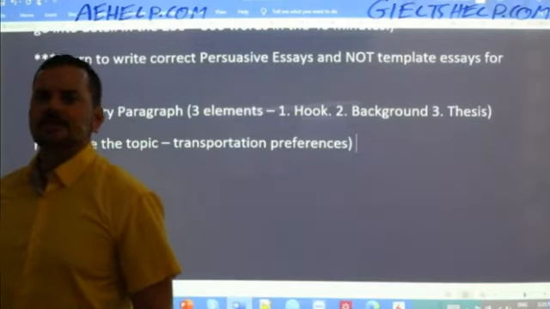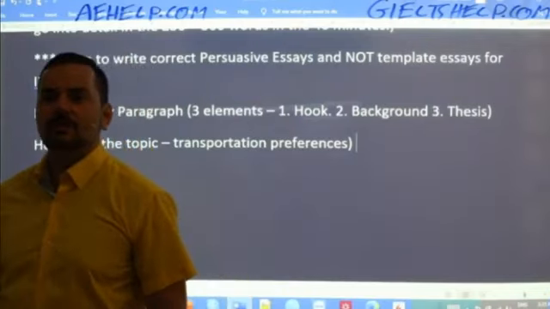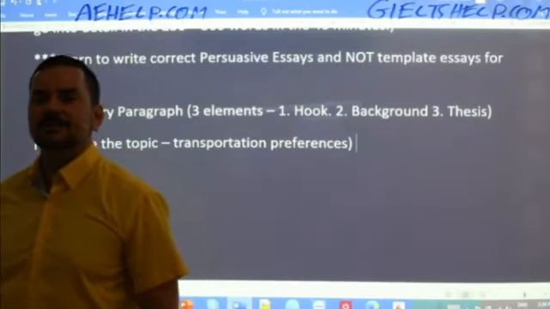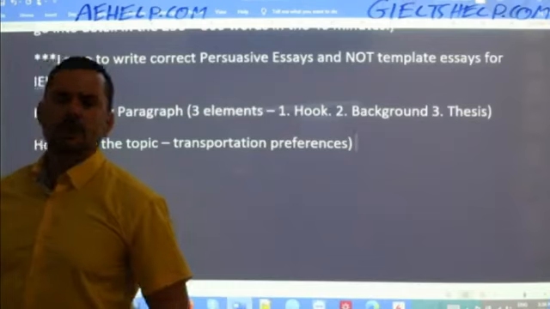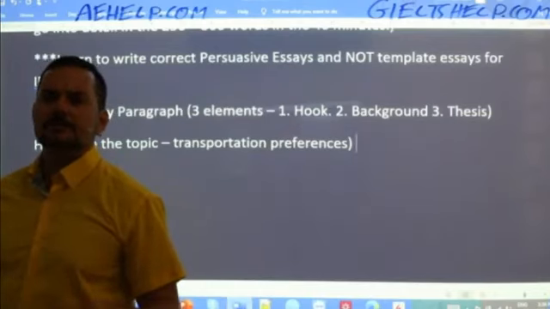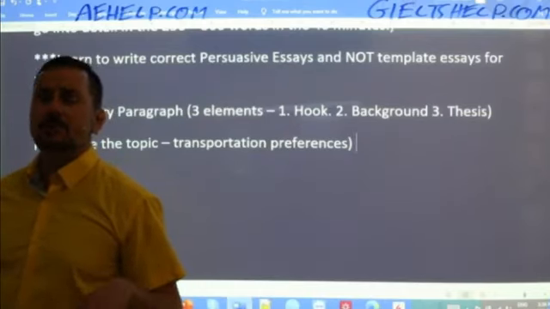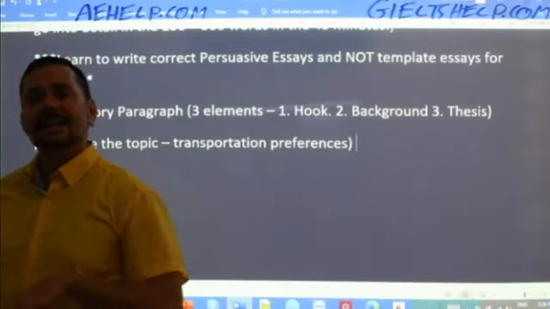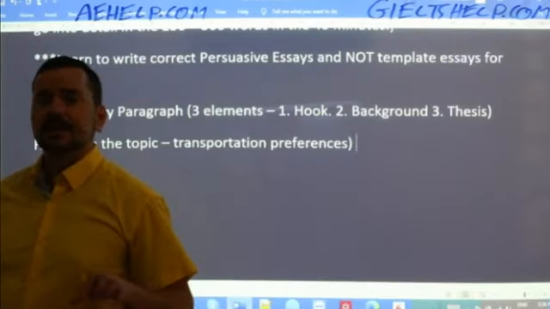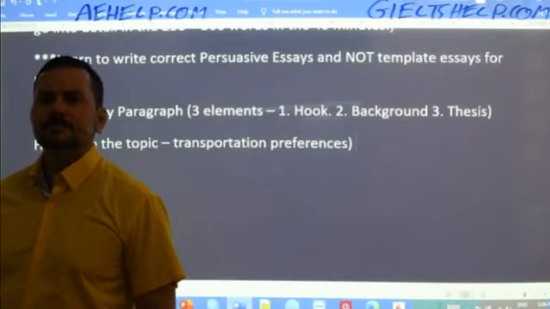Yeah, so Samuel says transportation plays an important part of our lives. Yeah. So transportation plays an important part in daily life. Okay. Let's see some more here.